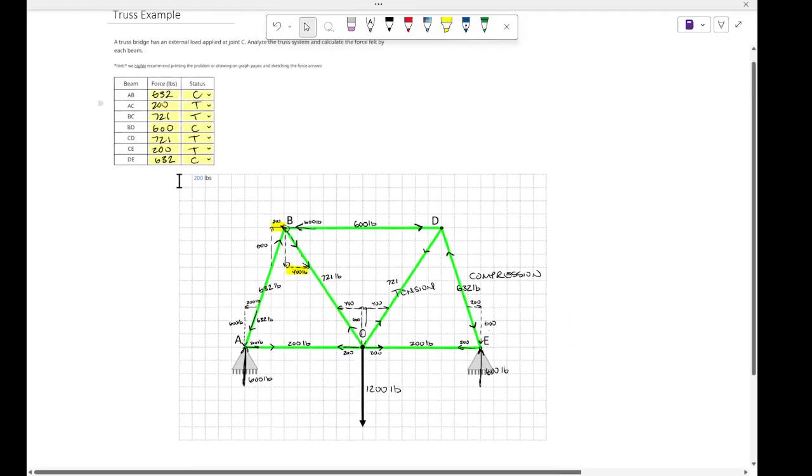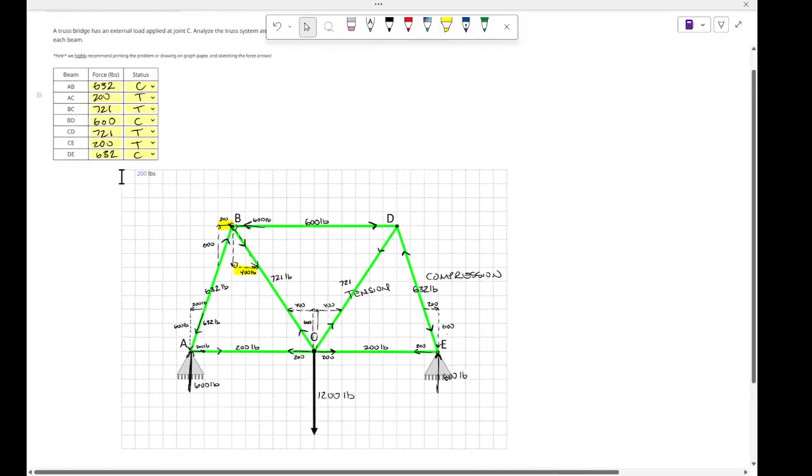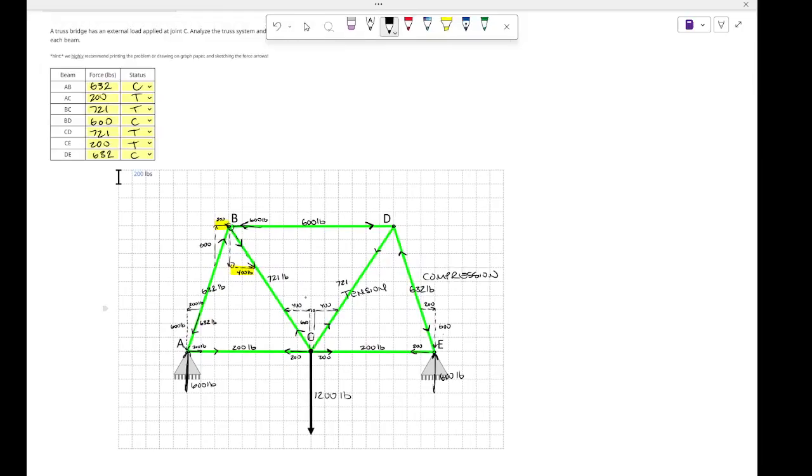All right, so we've broken down this whole truss now. We now know exactly how much force is being borne by each member, right? And if you're a bridge designer and you're trying to build a bridge and figure out how to support different loads, it's going to be important to do one of these static breakdowns to determine what your weakest link is, right?